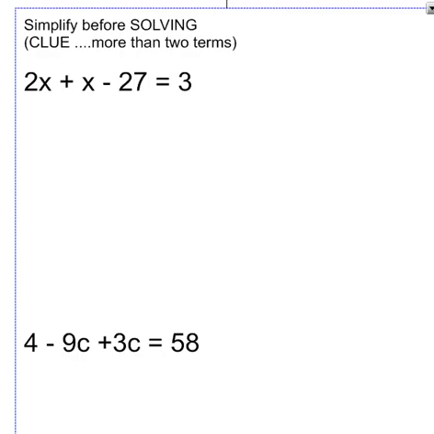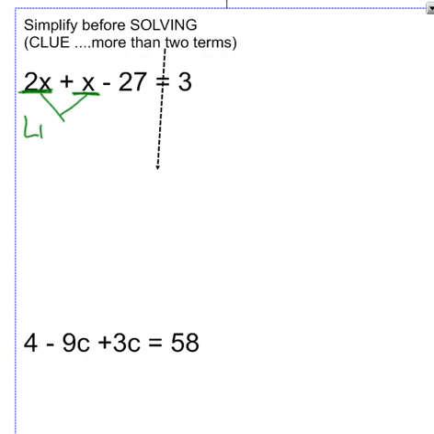Oh, we're moving quickly. Okay, simplify before solving: equations that include more than 2 terms. Whenever you have more than 2 terms on one side of the equation, it simply tells me that I have to simplify before I try to solve the two-step equation. So I am going to see what I can simplify. These are called like terms because they both are coefficients with a variable of x.